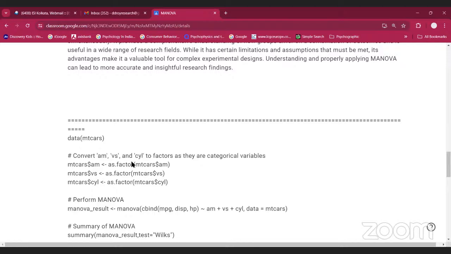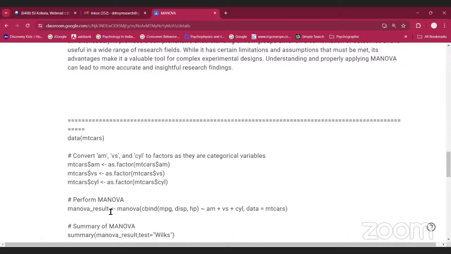Initially you have to find out who your factors are, that is, who your independent variables are. After that, you have to think about your dependent variable. Here the dependent variables are mpg, disp and hp. So these three variables are your dependent variables. Here you can find cbind, that is column bind.